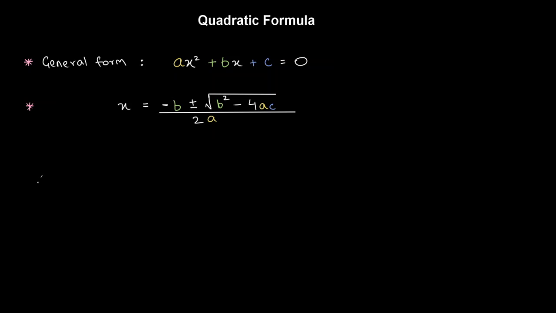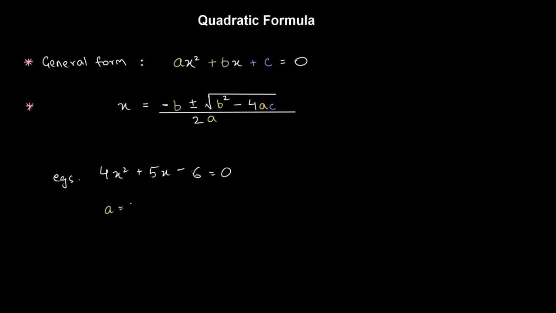Let's take an example. Say I've got a quadratic equation like this: 4x squared plus 5x minus 6 is equal to 0. On comparing this equation with our standard form, ax squared plus bx plus c, the coefficient of x squared, which is a, is 4.